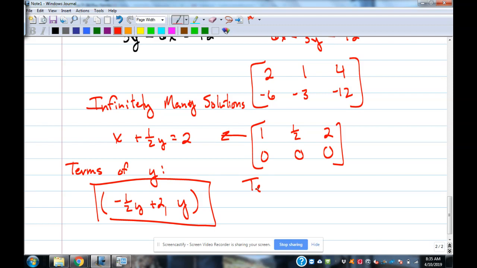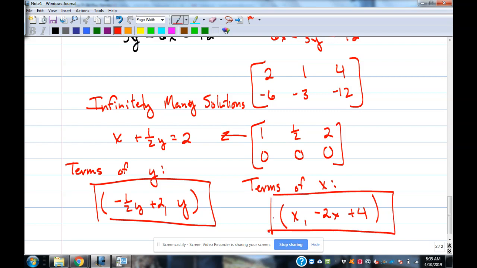But it also could be in terms of x. And in terms of x means x is the one you're picking, and you're going to get the y values out of that. So we need to solve this equation for y to get something that's got x's in it. So we would subtract x and then multiply by 2, so that'd be negative 2x plus 4.